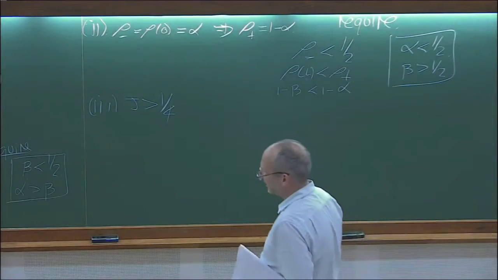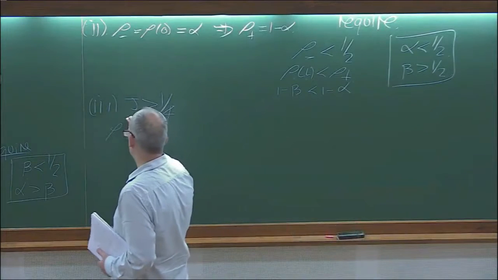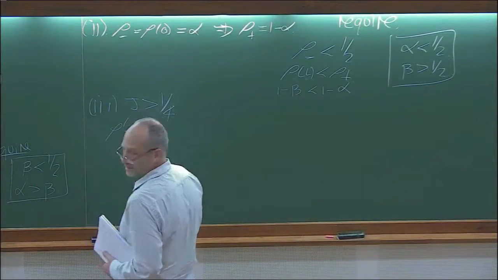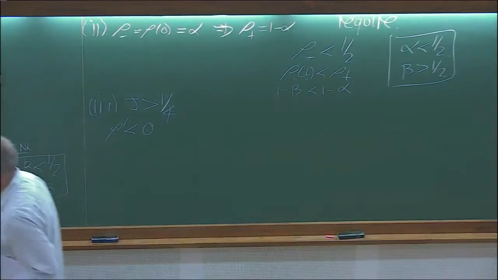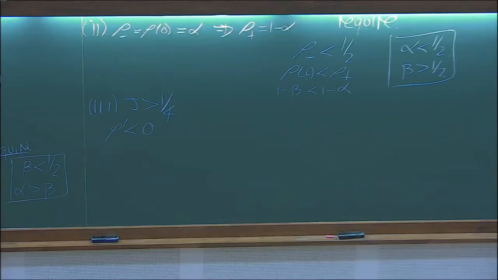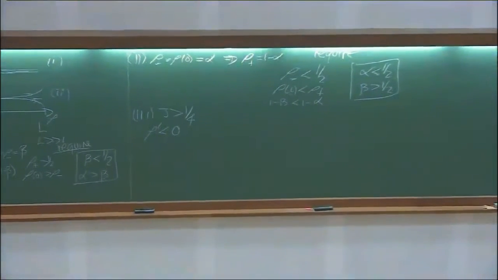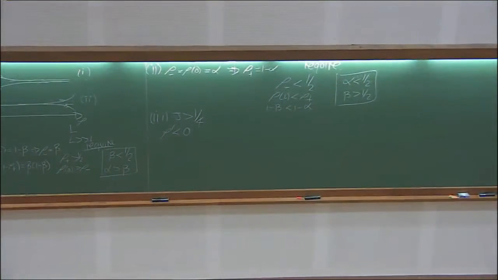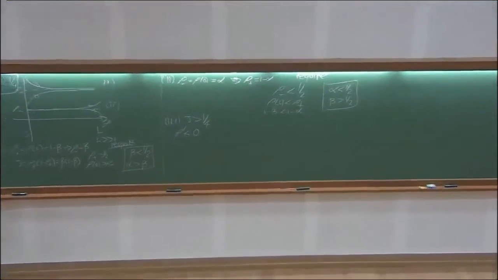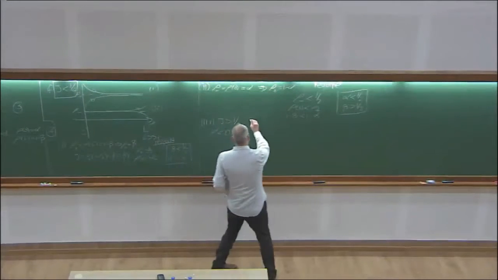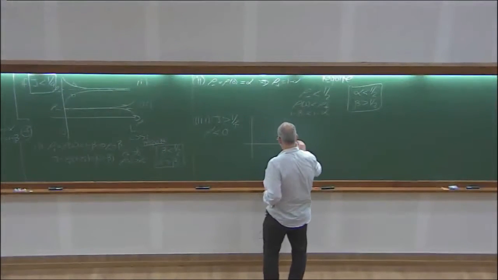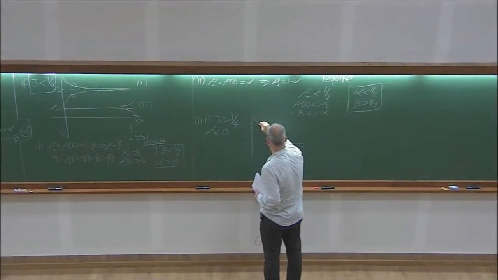Now, in that case, rho dashed is less than 0, because I can just look here, and I see if J is bigger than a quarter, all the derivatives are negative. So my profile is going to look something like the following.